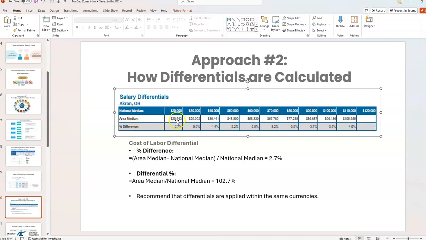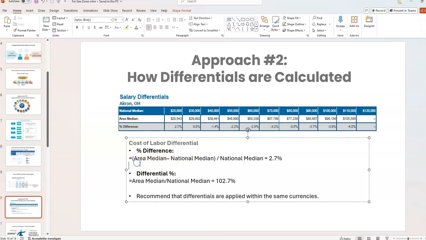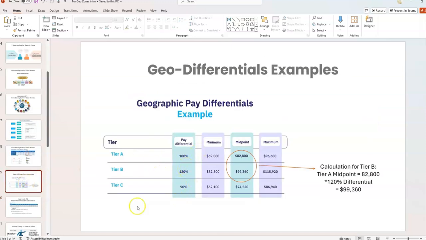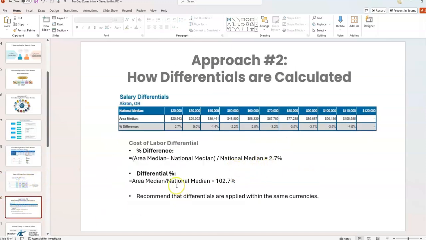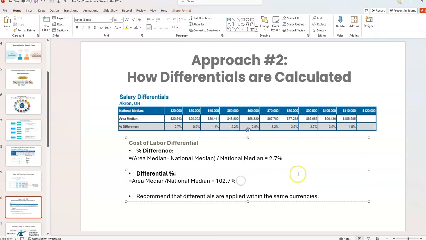Let's say the area is New York. They're paying 2.7% above the national median. They get this percentage difference by calculating area median minus national median, divided by national median. That gives us 2.7. To get a differential percentage that we can use, we take the area median divided by national median, and we get 102.7. Then we can apply that 102.7.